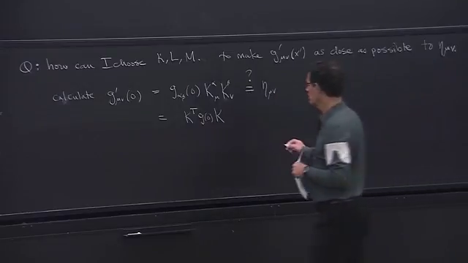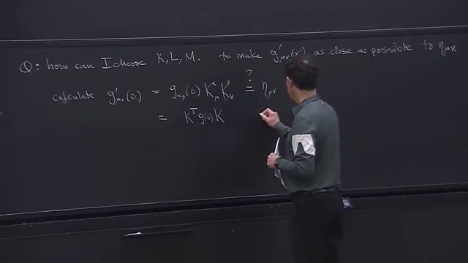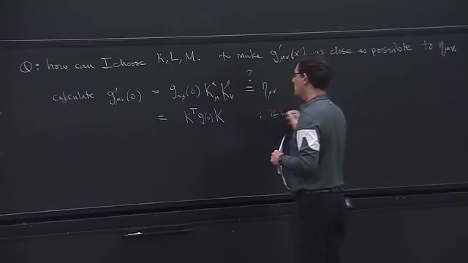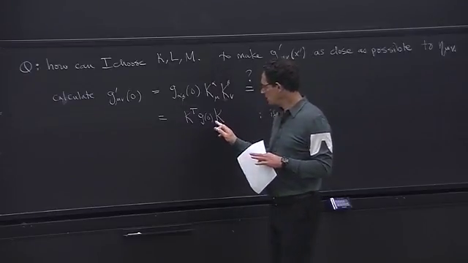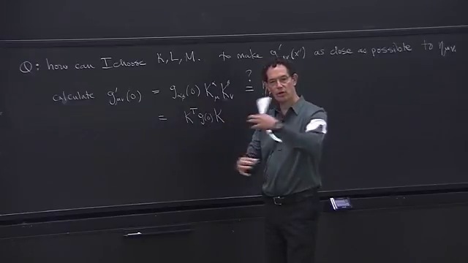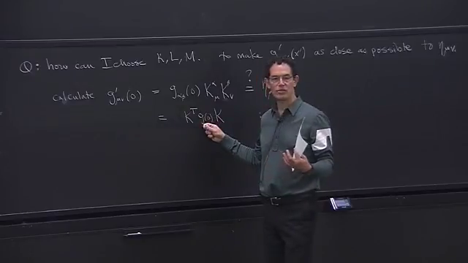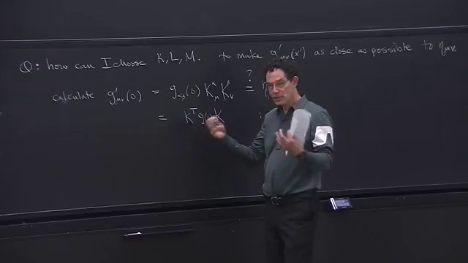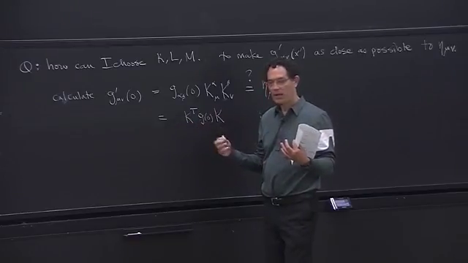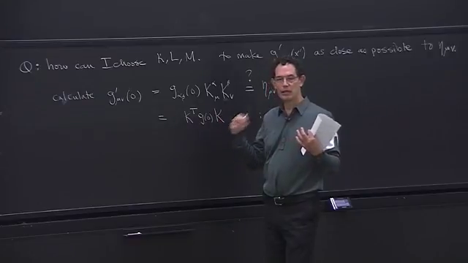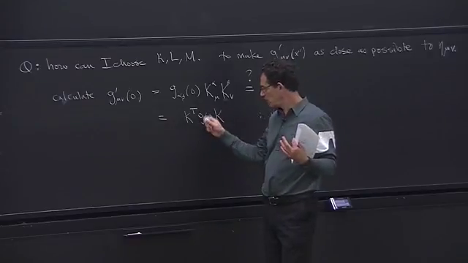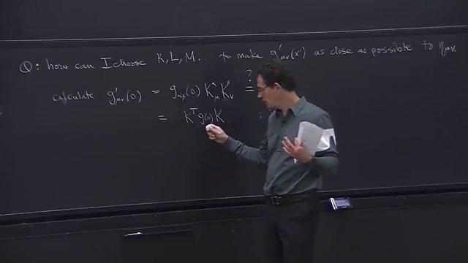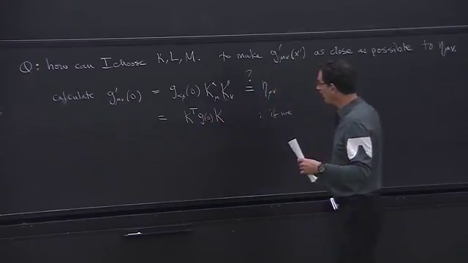The answer is yes. So basically what I'm going to do is choose K to involve an orthogonal transformation that will diagonalize G. And then I still have some more freedom in K. I'll choose K to be a diagonal matrix that will rescale all the eigenvalues of G to be 1 or minus 1.